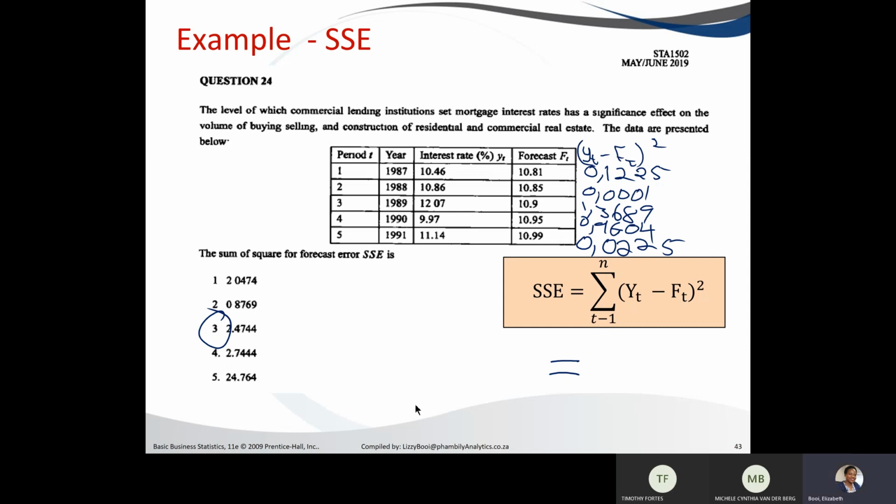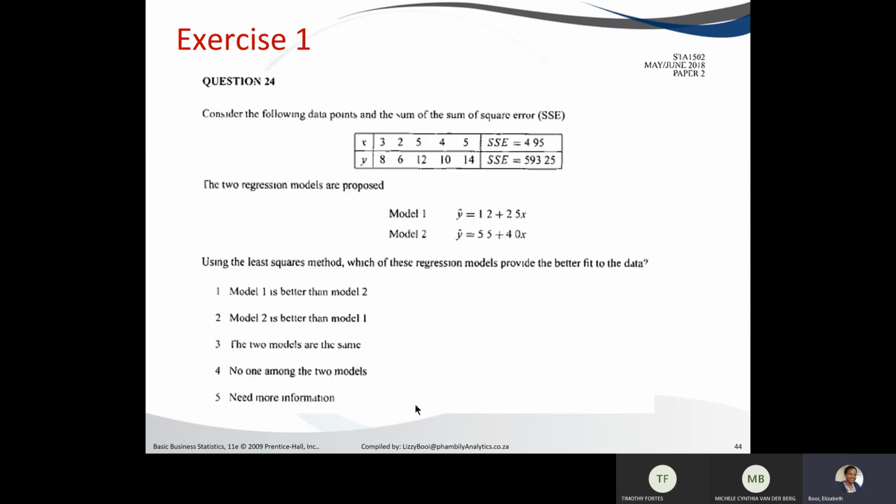Okay, so we won't have enough time, but this was supposed to be your exercise. You can try and do it. You don't have to calculate anything. All you need to look at is that they give you model number 1 and model number 2. Remember, we need to choose which model between the two is the best fit for the data.